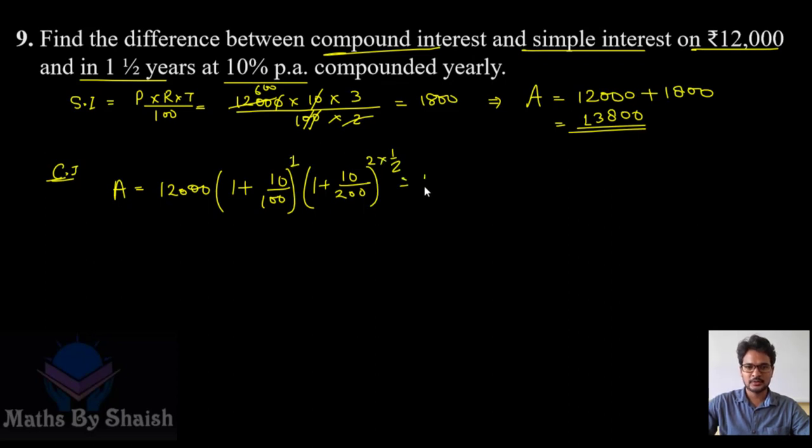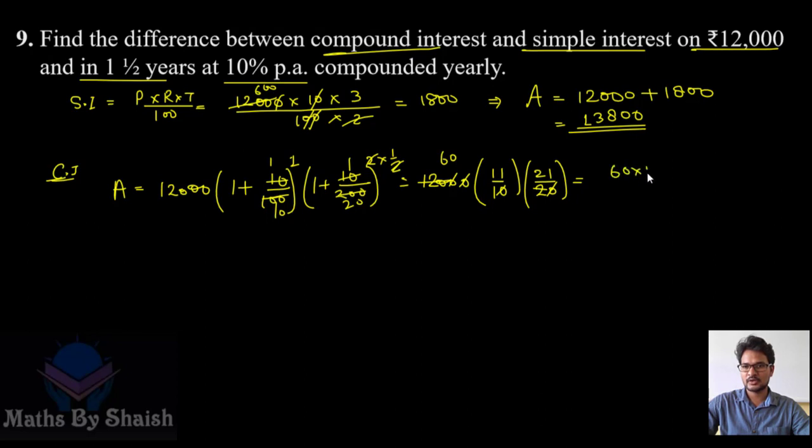So this becomes 12,000 into 11 over 10, multiplied by 21 over 20, with the 2 cancelled. Zeros cancel, then it is 60 into 11 into 21.